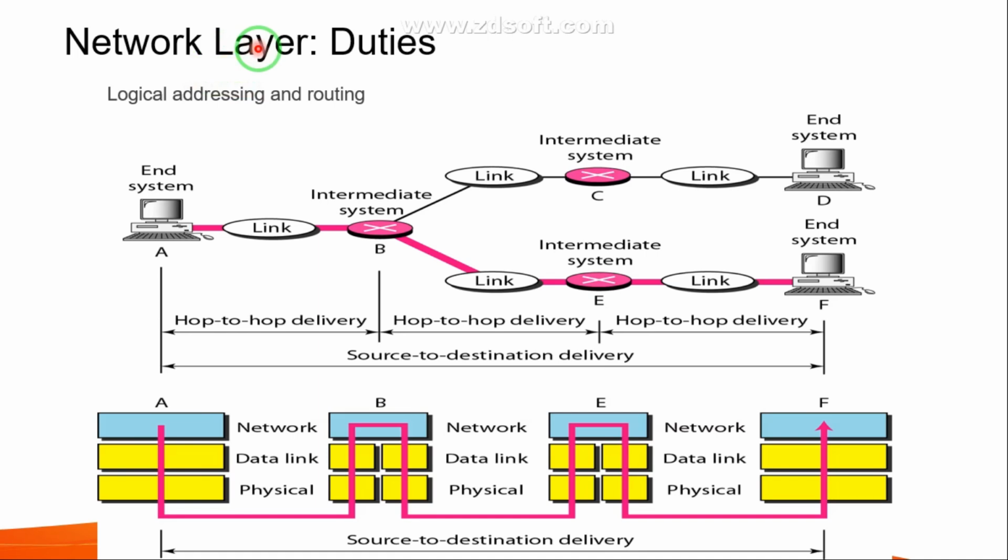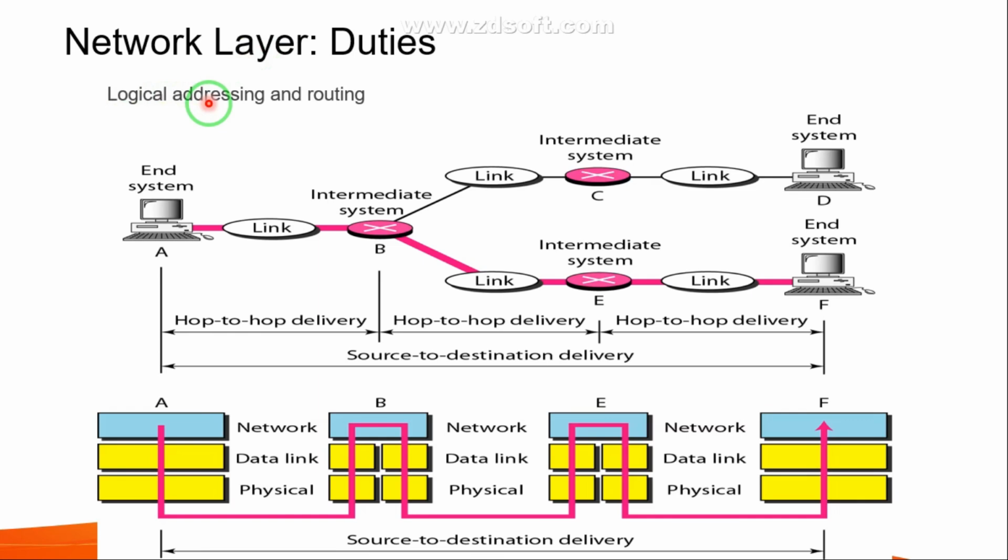If you need to handle the address problem locally, you require the data link layer. But if your data is going to cross your network boundary, then you require another addressing, which is called logical addressing or IP addressing.